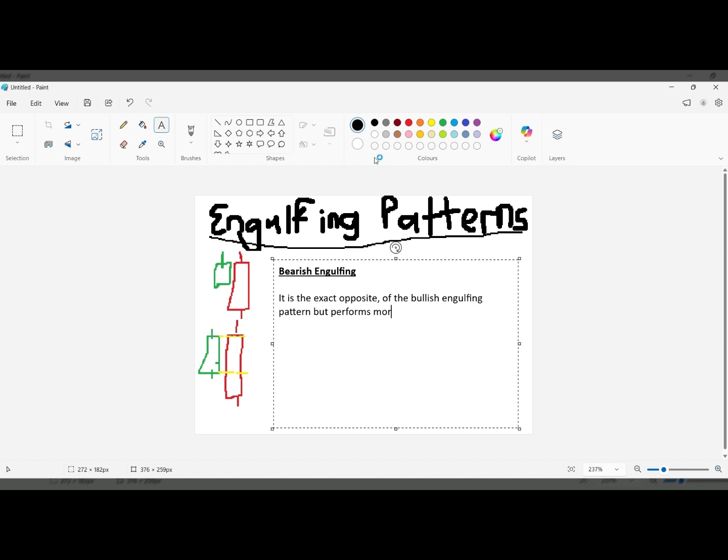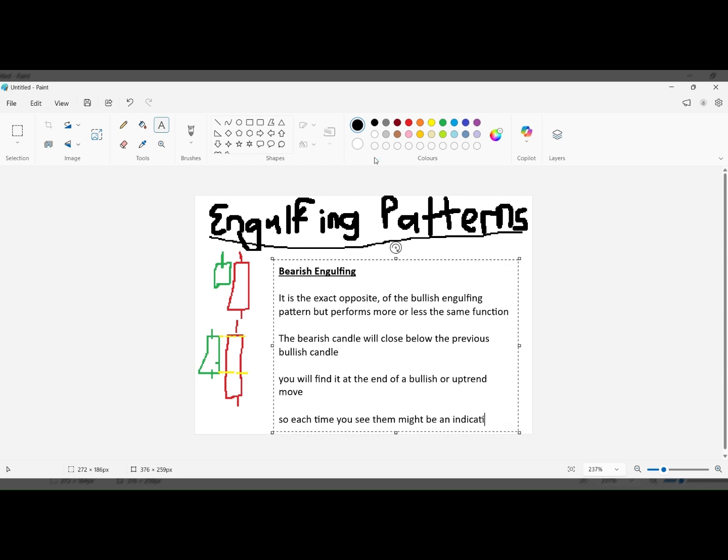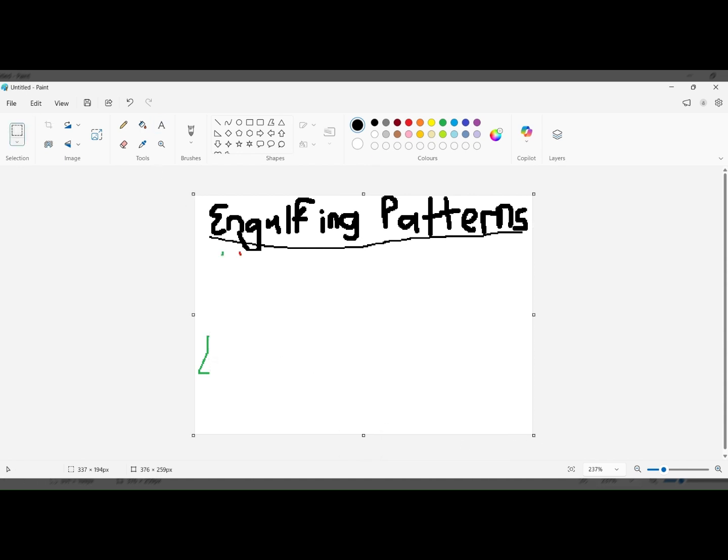The bearish candle will close below the previous bullish candle's open. You will find it at the end of a bullish or uptrend move. Each time you see it, there might be an indication of a change of character. So basically that's what I have.